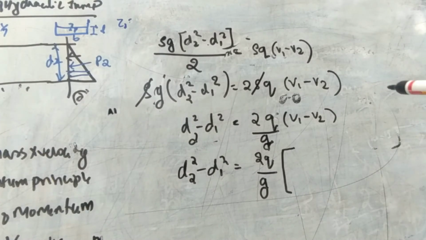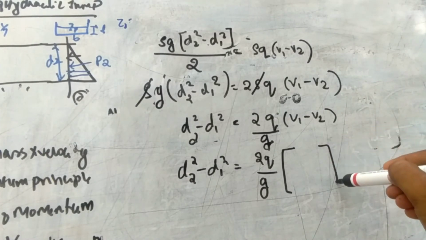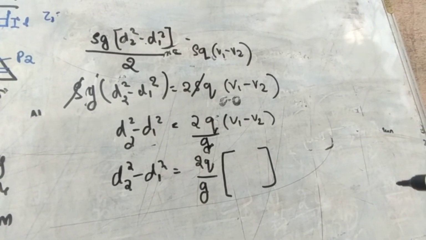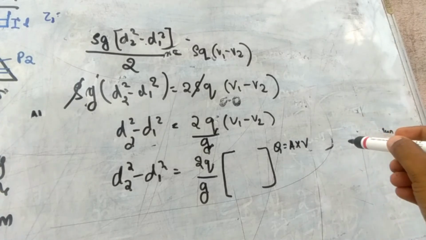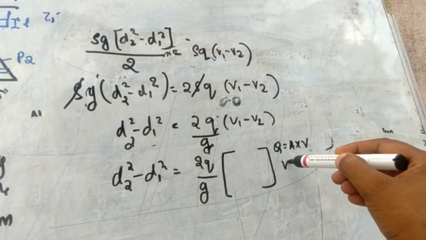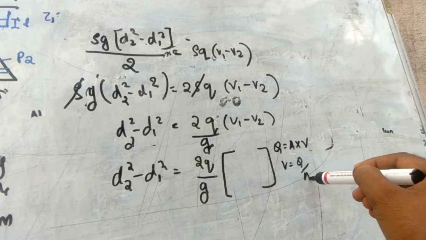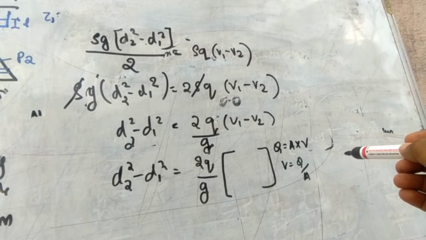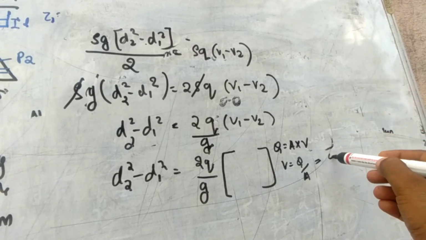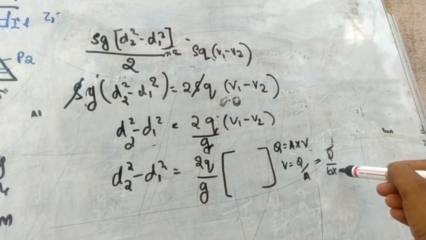Q is equal to a into v, so v is equal to q by a, that is q divided by b into d.